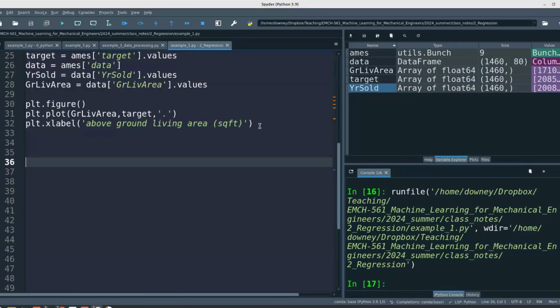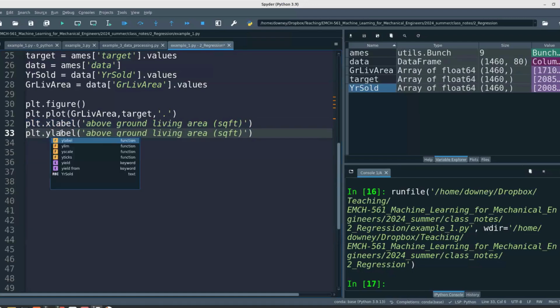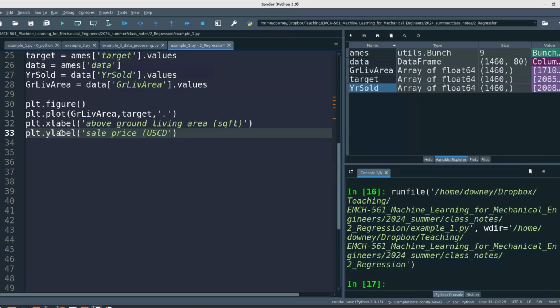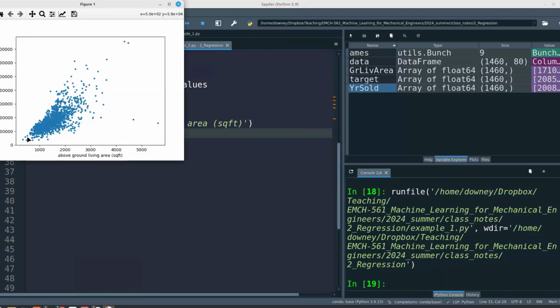And then the Y label is going to be price in USD. In 2008 US dollars, which is a lot more than 2024 US dollars, but well, this is a little hard to read, like 500,000.